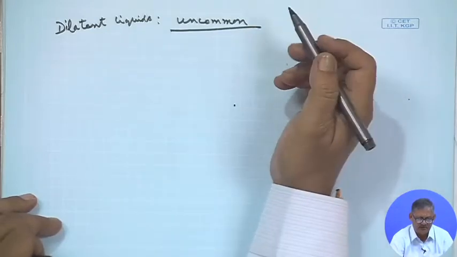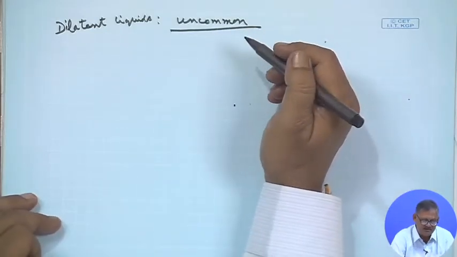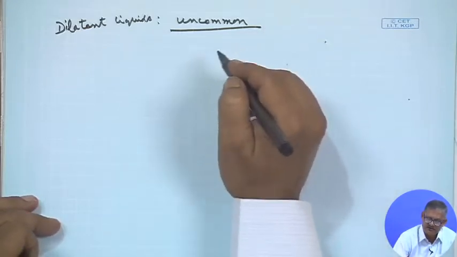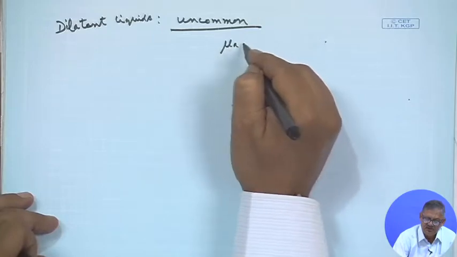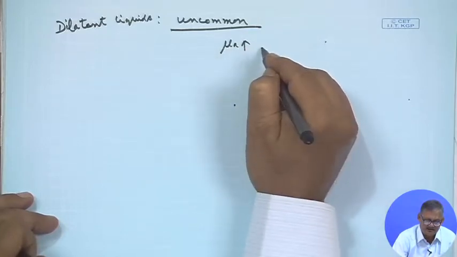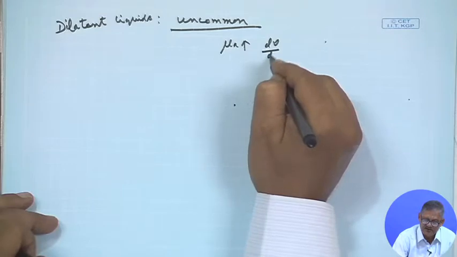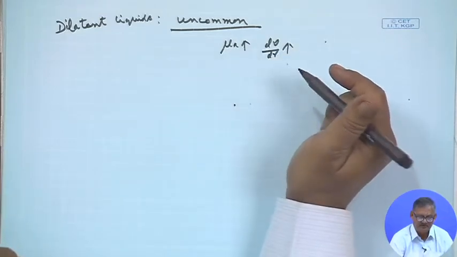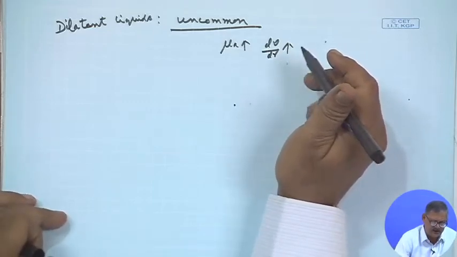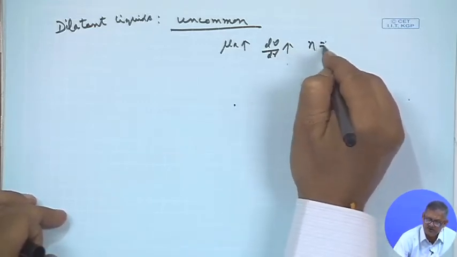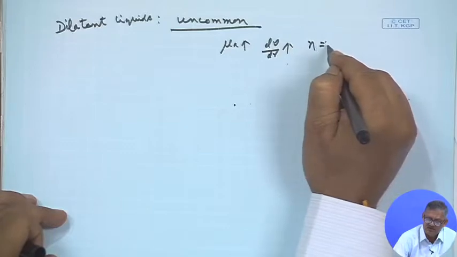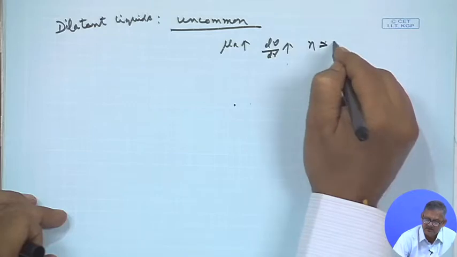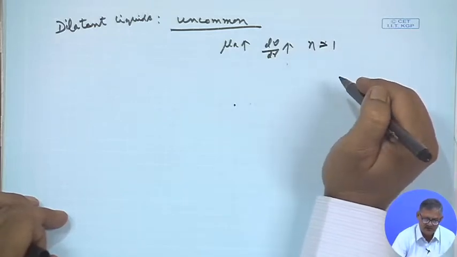This type of liquid exhibits an increase in apparent viscosity with increase in shear rate, right. So, mu A increases as shear rate increases, right. This is very, very uncommon, and the constant n of the power law equation is not less than 1, it is greater than 1, right.